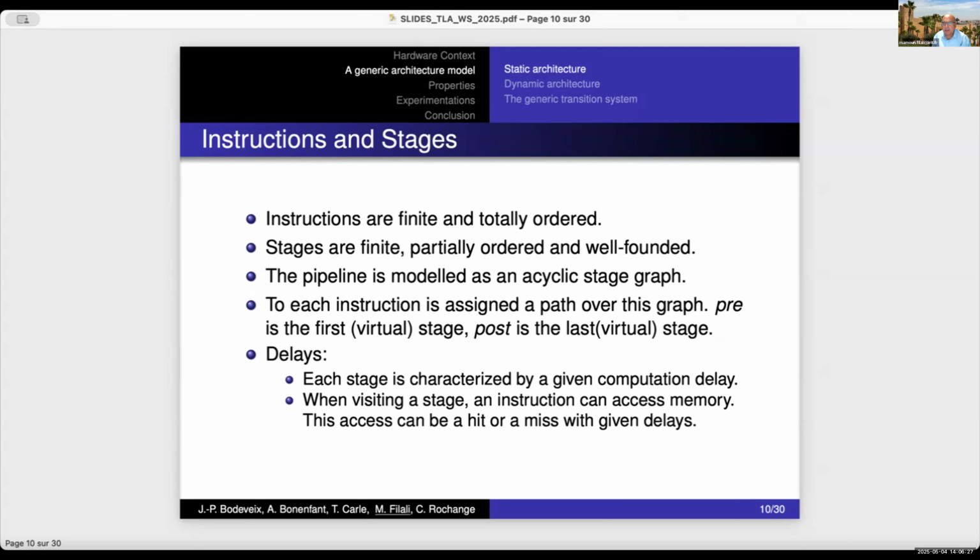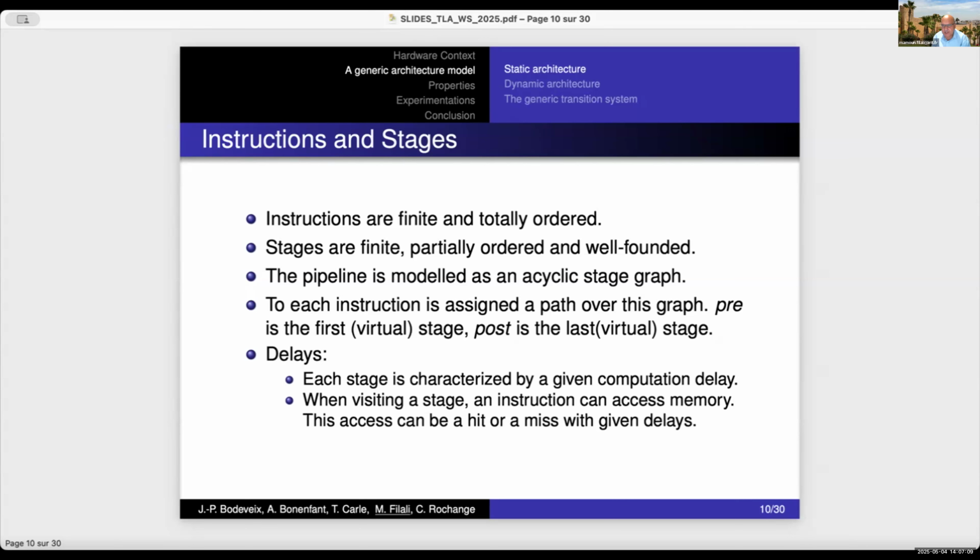We model the pipeline as an acyclic state graph, and to each instruction is assigned a path over this graph, and each path starts with a virtual stage that is usually called pre, and ends with a last virtual stage that is usually called post. With respect to delays, we have two types of delays. The first is the delay for the computation of an instruction when an instruction is in a stage, which we call the computation delay.